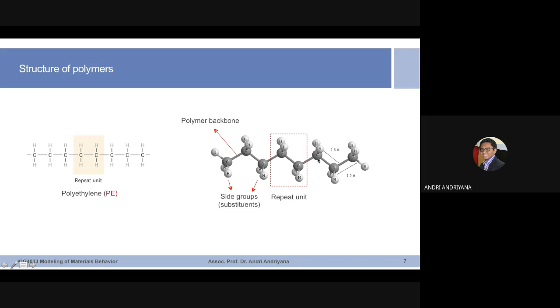And then there is a specific distance between the atoms, and this distance corresponds to the equilibrium atomic distance, something that we learned in lecture 4 when we wanted to derive the constitutive equations using the physical approach for linear elastic materials in metals. Okay, so the typical distance between C atoms is about 1.5 angstrom.